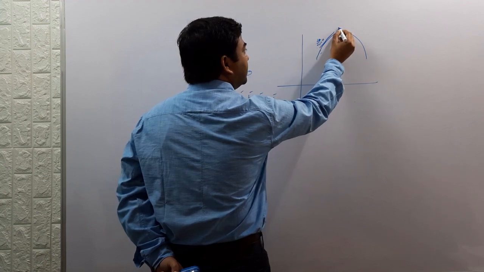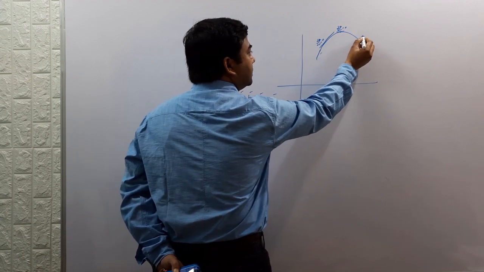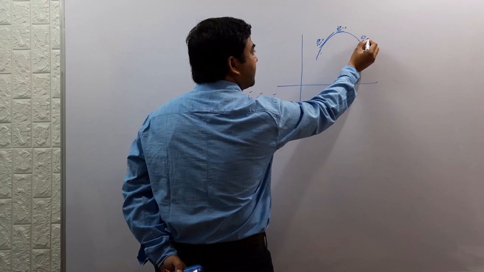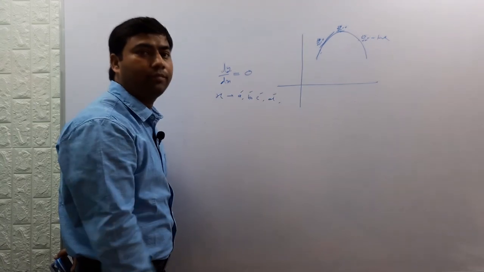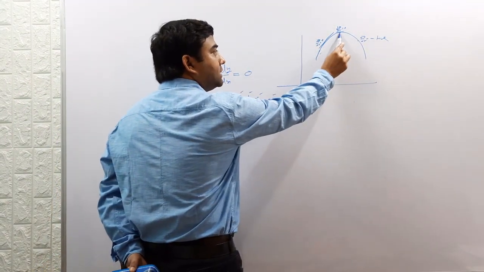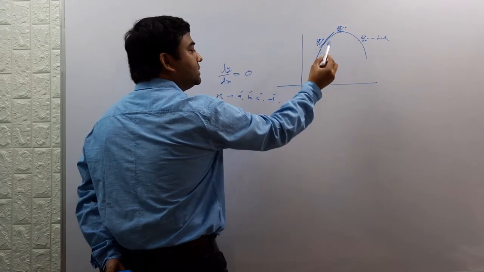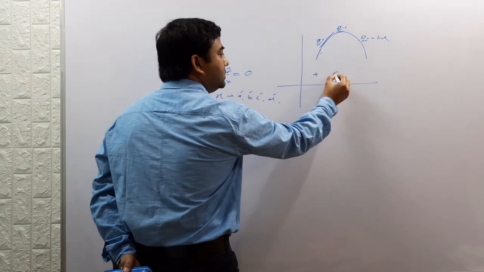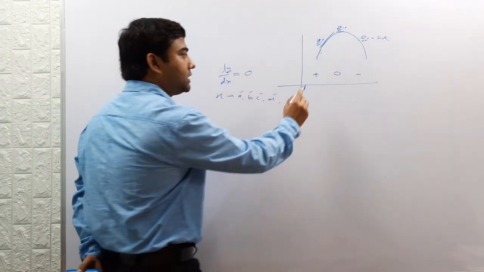Here dy over dx is 0 and here the function is decreasing, so dy over dx is negative. So for a local maxima, the sign of the derivative changes from positive to 0 to negative. This is the sign of the derivative.